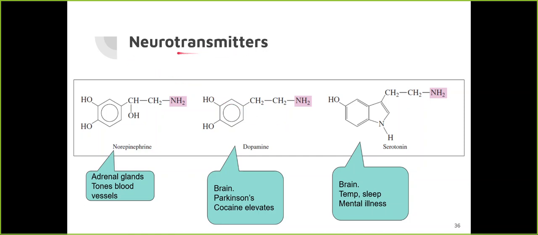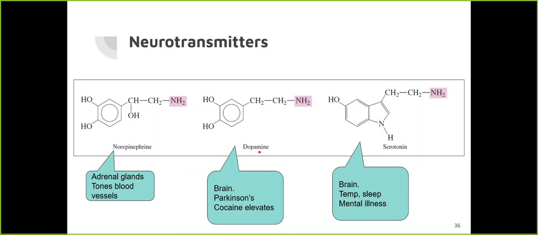Amines also exist in neurotransmitters. These are chemicals in your body that transmit the electrical signal. And so we have norepinephrine. This is produced in the adrenal glands in your body, and this is used to tone your blood vessels. This chemical here, you can see this amino group here on the end. Dopamine is produced in the brain.